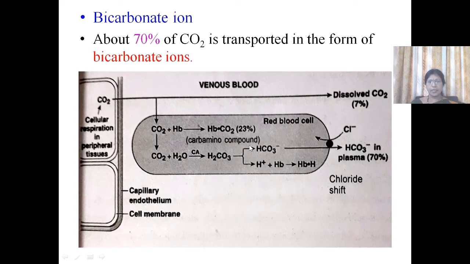This carbonic acid will soon dissociate into bicarbonate ion as well as H plus ion. In the form of this bicarbonate ion, the carbon dioxide leaves the red blood cell and enters the plasma and is carried in the blood, and the percentage is about 70%.